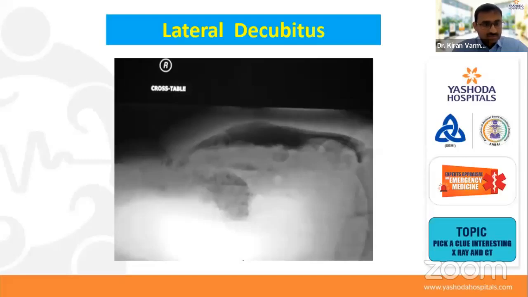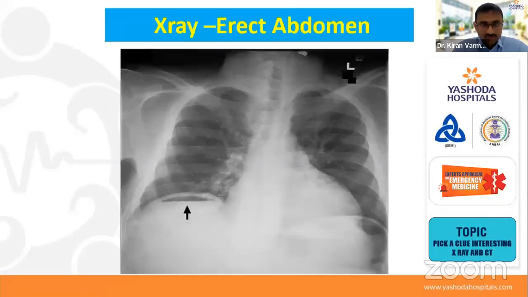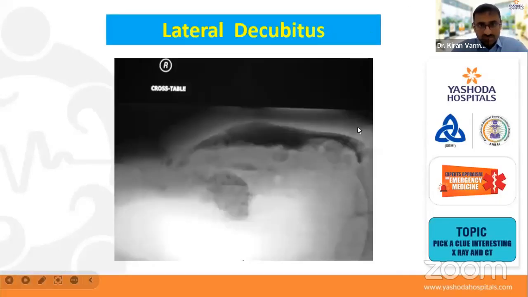So there is a technical glitch. Just hold on. Please bear with us for 1 minute. Yes, now it is okay. Yes. Now, can you see the difference now? This is air under diaphragm. So this is lateral decubitus X-ray. You can see the air.